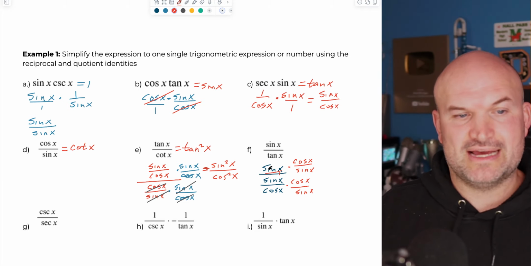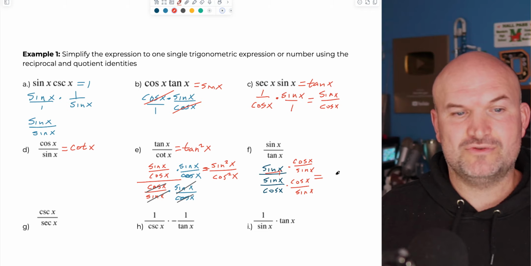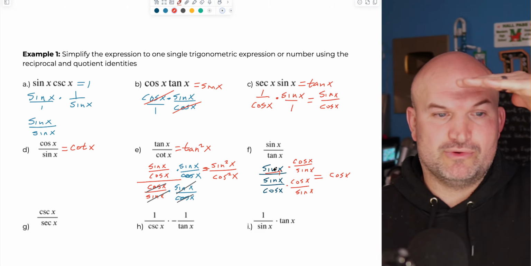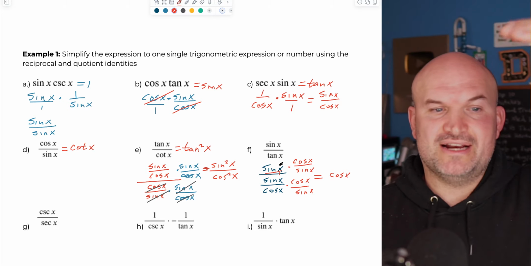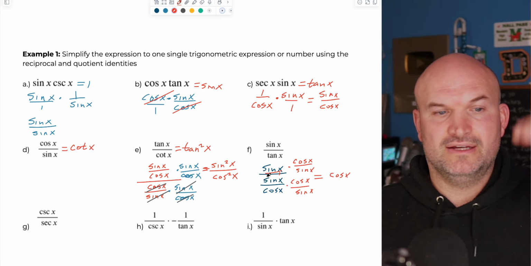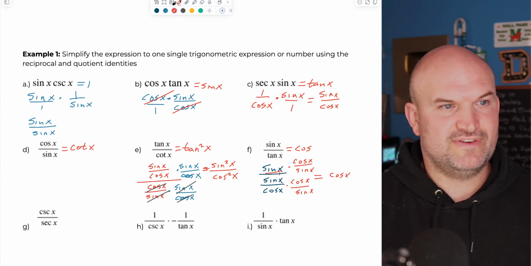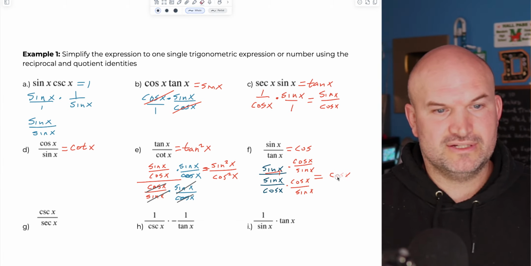So now, as I multiply these, I'm just going to be left with a cosine of x. Because again, think about this. You can always rewrite the sine of x over 1. So you have sine of x over 1 times cosine over sine. The sines will now divide out, and that's just going to leave me with a cosine of x. Let me see if I can rewrite that one more time, because it looked like this.